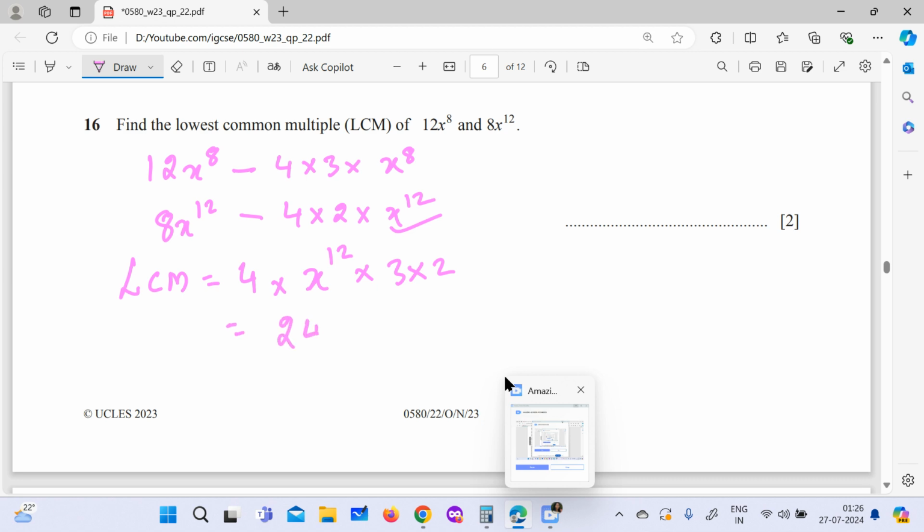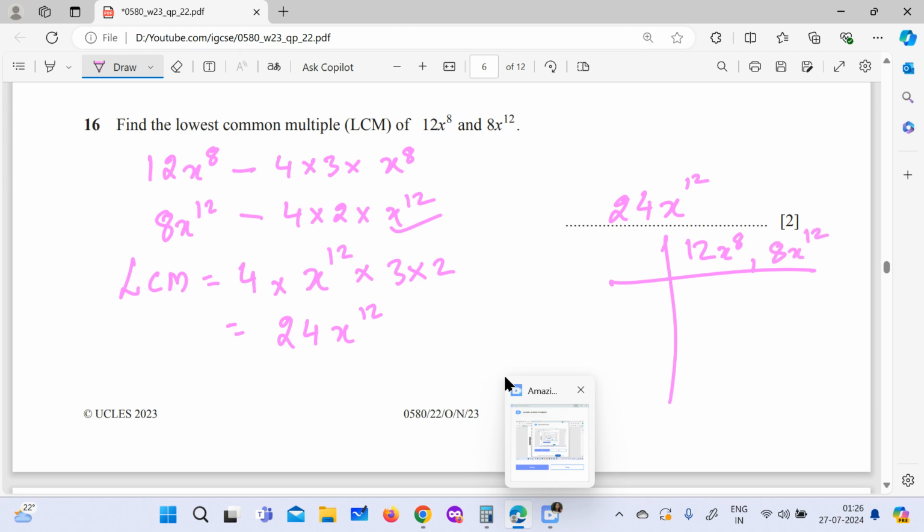So you get 24x to the power of 12. I hope this is easy. Those who have a habit of doing prime factorization can also follow this method. It doesn't matter, you get the same answer.